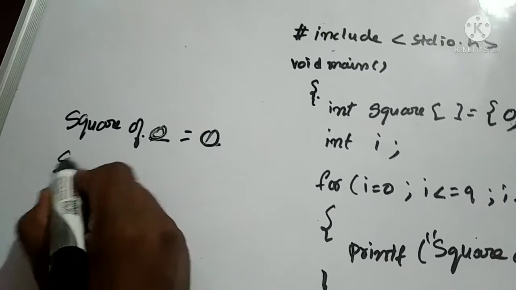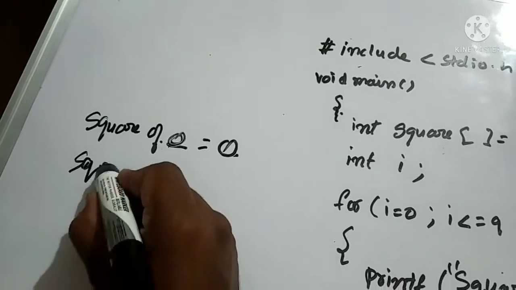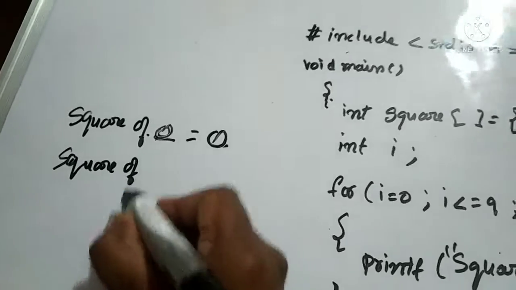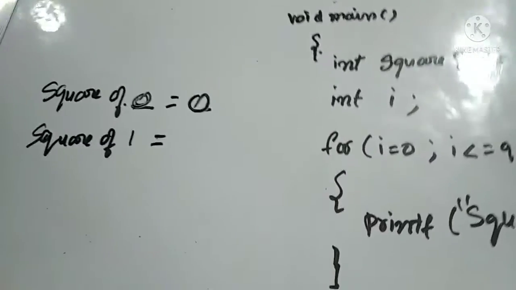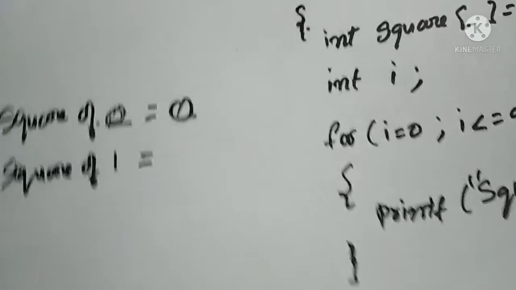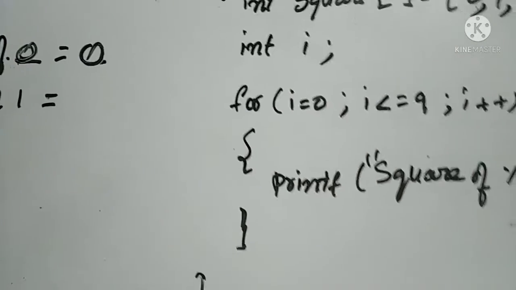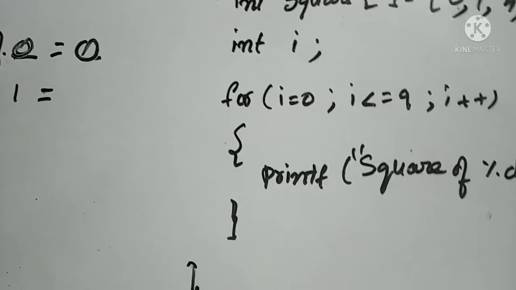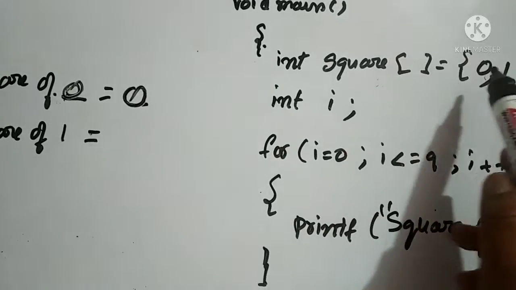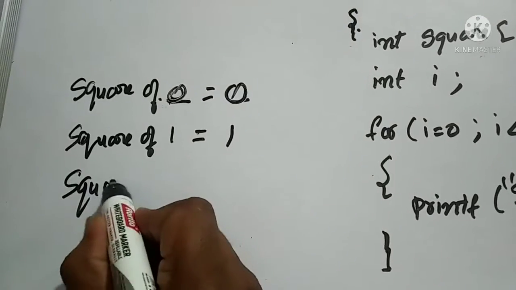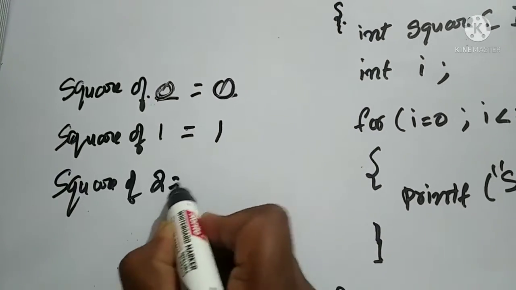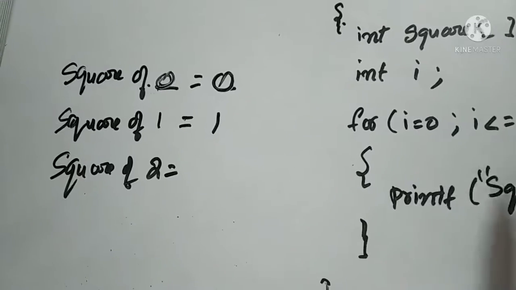Next is square of 1. i is 1, so it displays square of 1. Square of 1 indicates the next number present here, so it is 1. Similarly square of 2, because the i value is 2.